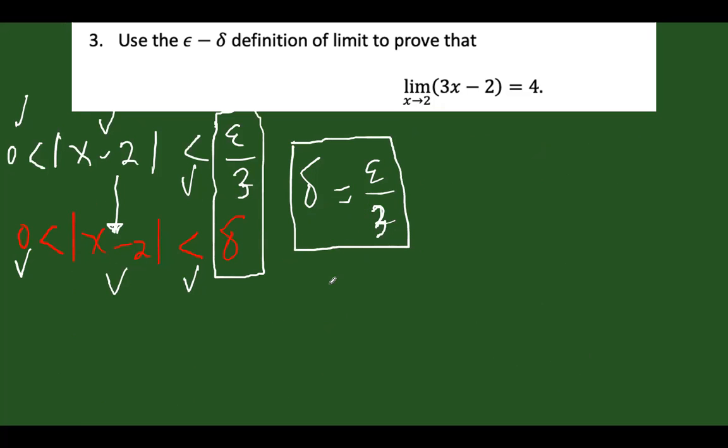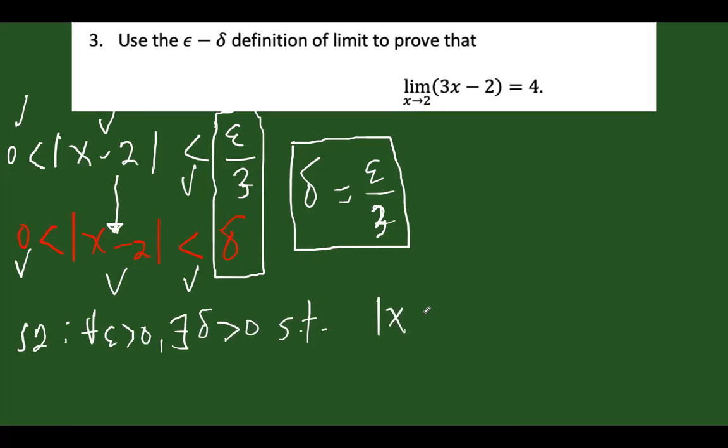And let's go to our next step, which is step number 2. In step number 2, we're going to show that for every epsilon greater than 0, there exists delta greater than 0 such that if the absolute value of x minus 2 is less than delta but greater than 0, then we have the absolute value of 3x minus 2 minus 4 is less than epsilon.